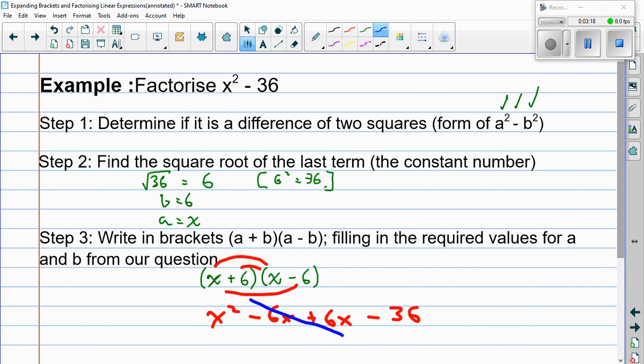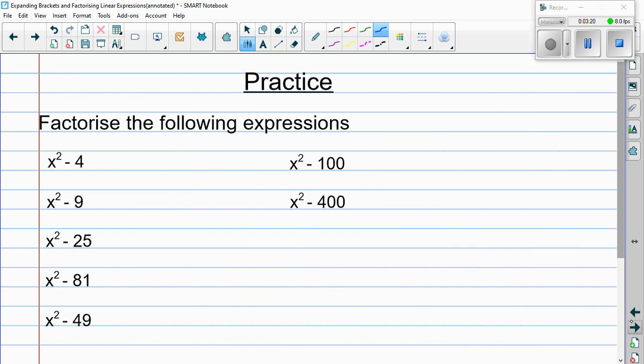The next page is a bunch of questions for you to try. I'm going to go through the first one just with you. So we have to check difference of two squares. Well, that's an a squared, that's a minus, and that's another number. So here, first thing, the square root of 4. If you want to do this on a calculator, check.